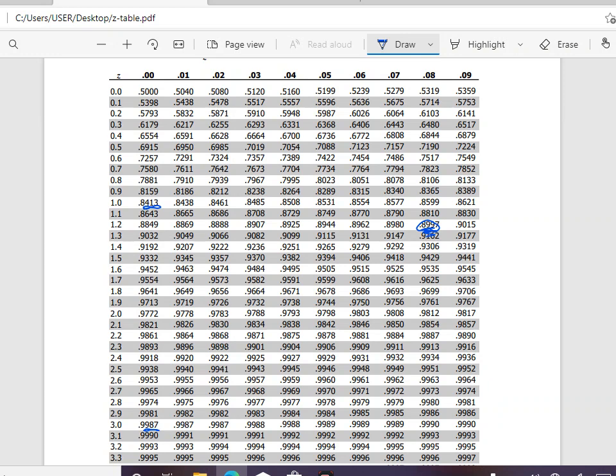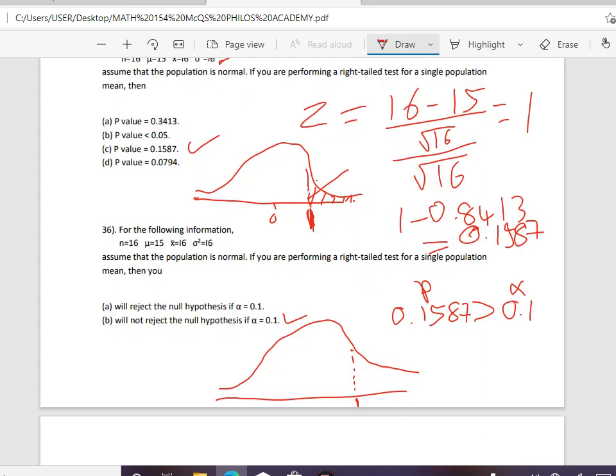If we plot 1.28, it will fall somewhere here. This is the critical value. 1.28 is here and 1 is here.